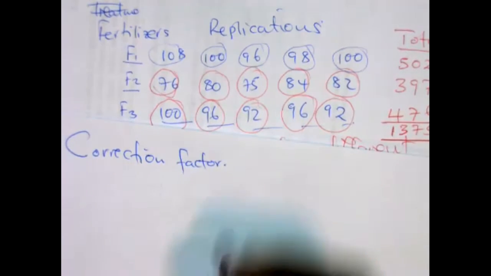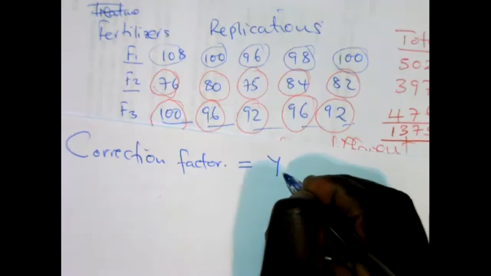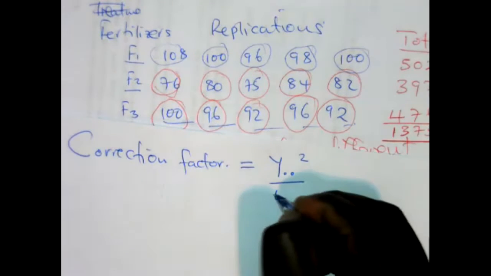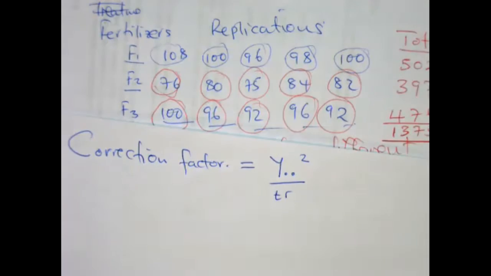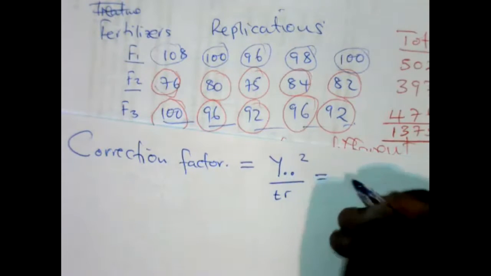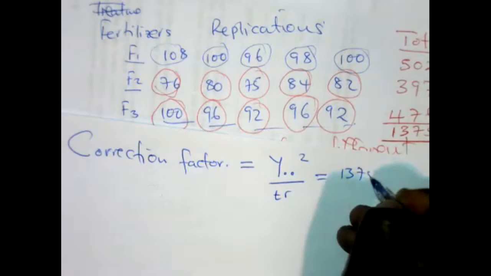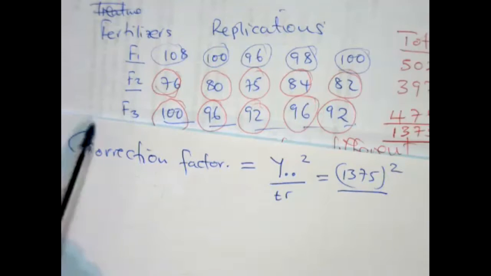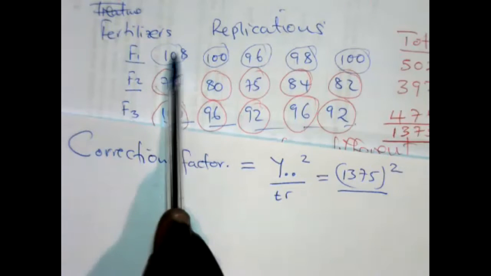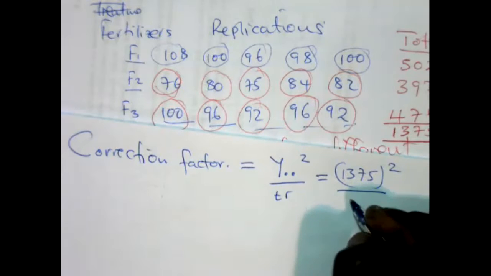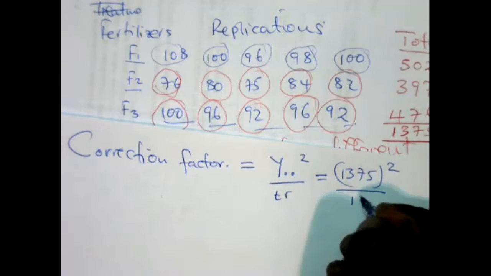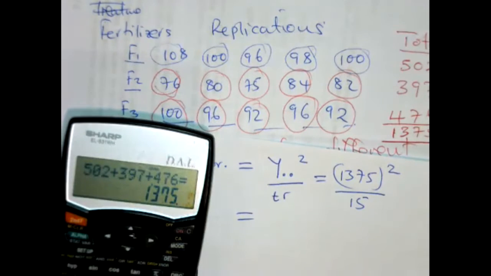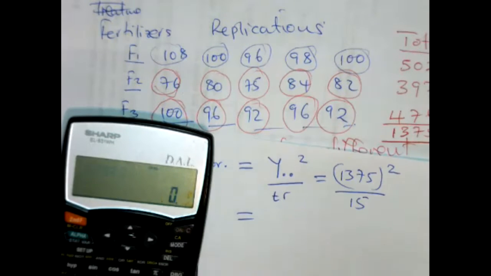Remember, the correction factor is y dot dot squared over t times r, the number of observations. We square 1375 and divide by the number of fertilizers, 3, times the number of replications, 5, which is 1, 2, 3, 4, 5. So this is divided by 3 times 5, which is 15. We square our total, so let me demonstrate this.